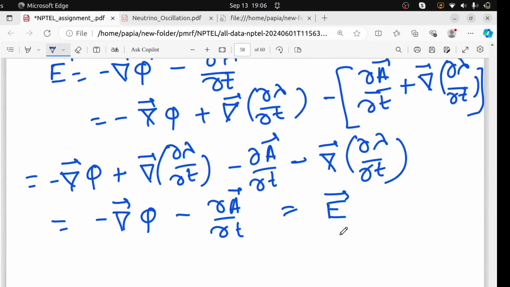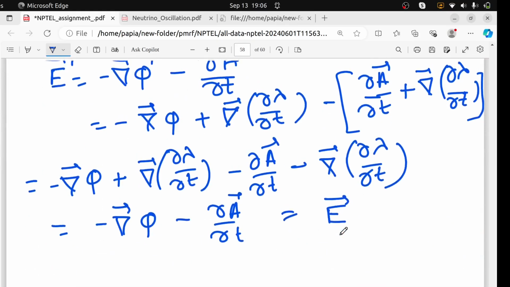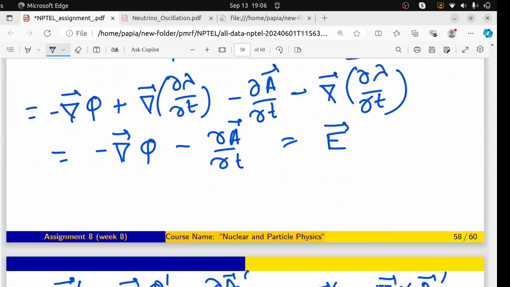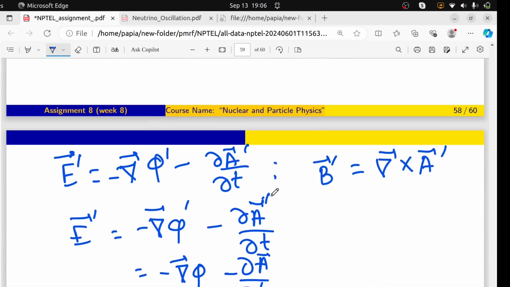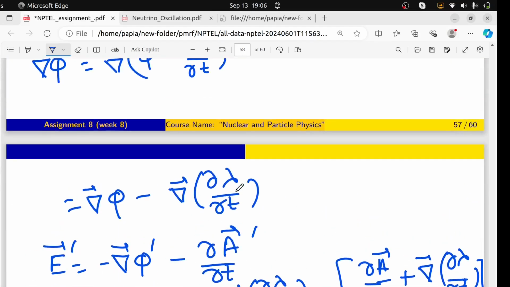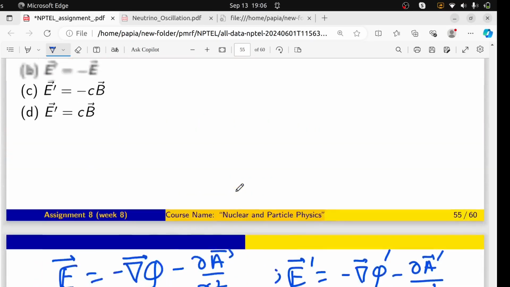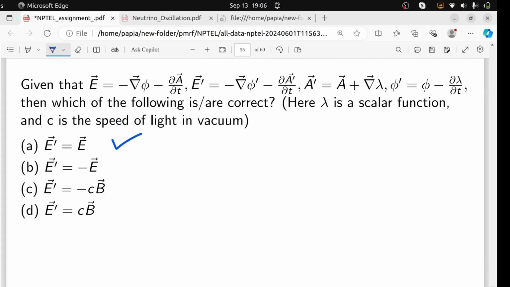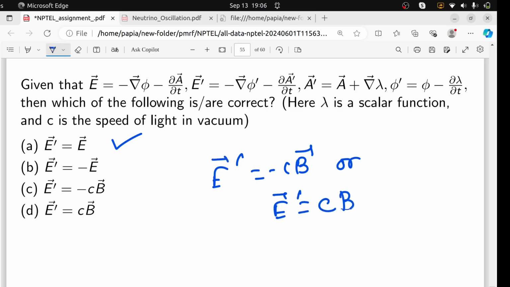So where we were, E prime was E, we have already checked. Now E prime was this one, and C B prime. Okay, so what is the option? C and D was there. C and D option was E prime equals minus CB, or E prime equals CB.